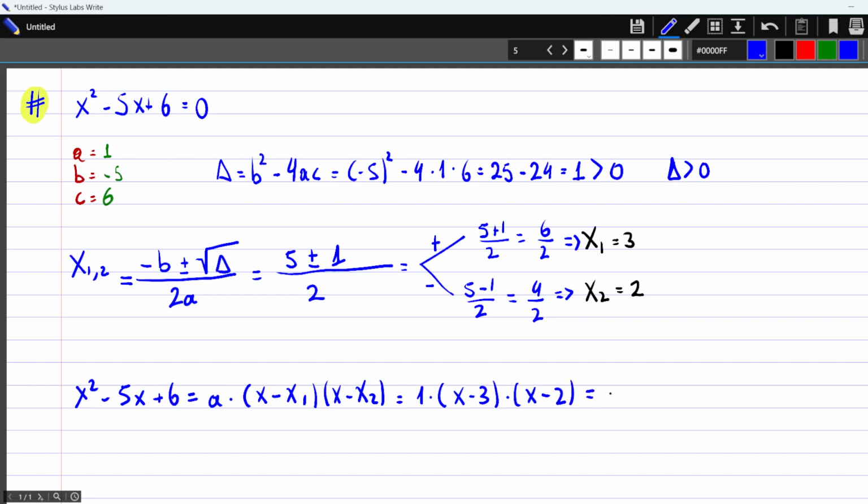So the factorization is x minus 3 times x minus 2, which means that this thing here is the same as this thing here.